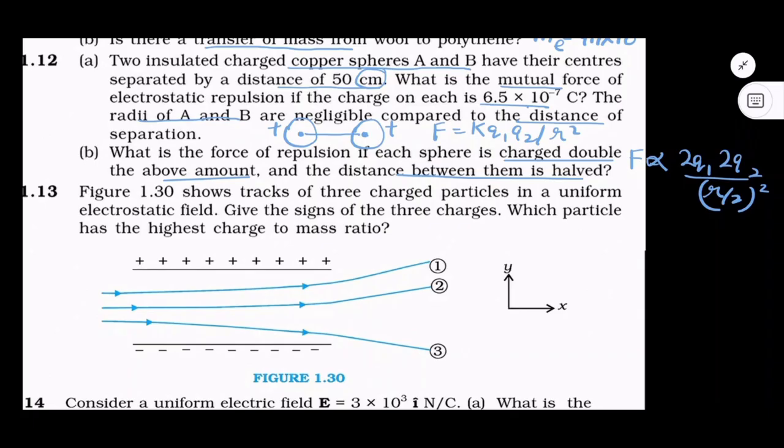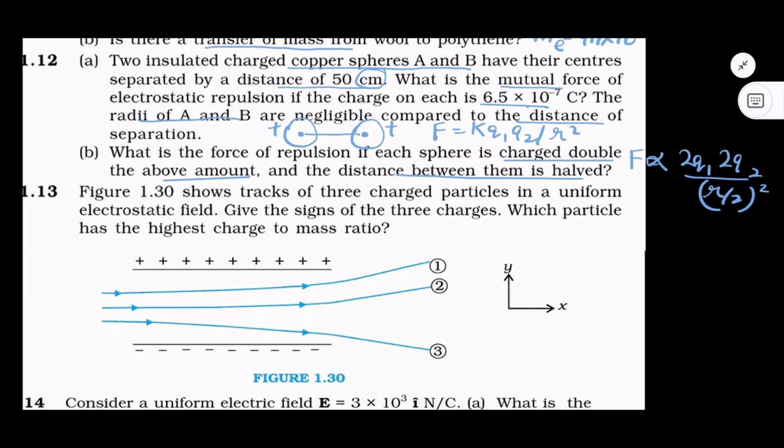Now is the force of repulsion the same as earlier or is it changed? 2 twos are 4, which goes to the numerator, and the distance factor gives another 4, so it is 16 times the original force. So the force of repulsion changes.